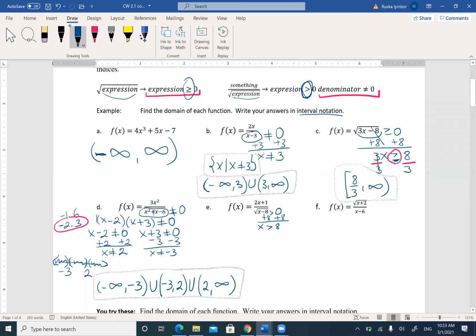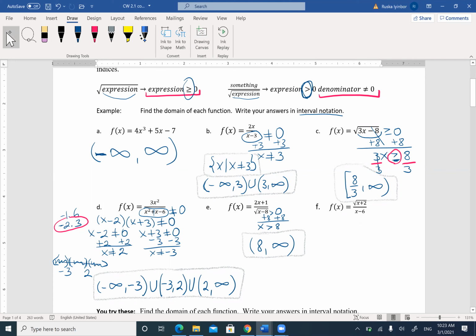So x has to be bigger than 8. And the domain is going to look like this: 8, comma, infinity. Now, 8 has to be with a parenthesis because we're not including 8. The domain starts after 8 and goes to infinity. So that's the domain for E.